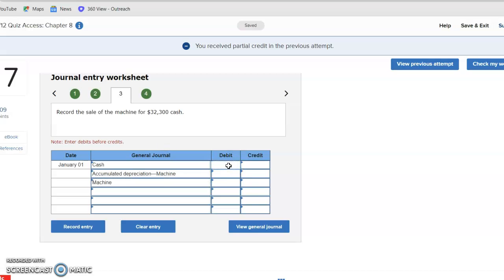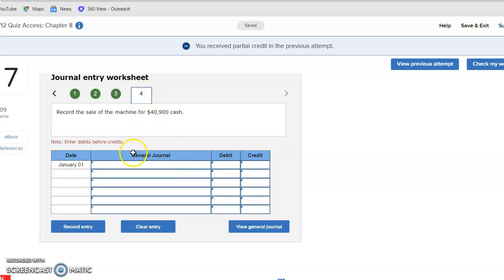And for cash, we have 32,300. And accumulated depreciation, we have 94,100. And for the machine, we have 126,400. And that's the third one.